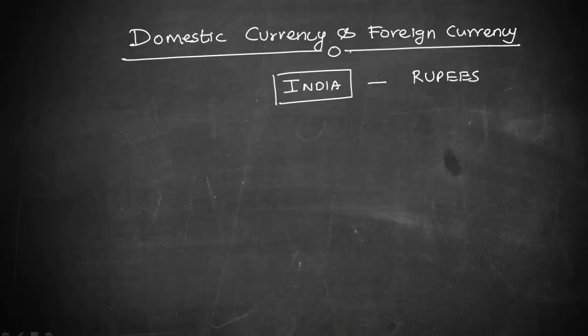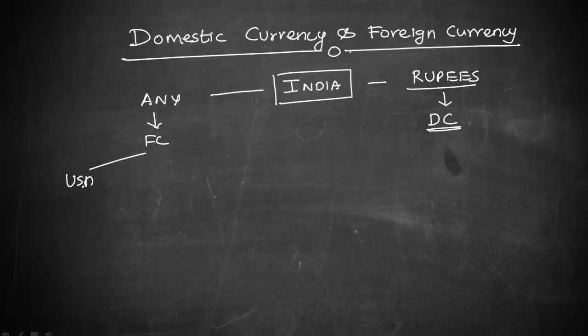So for me sitting in India, rupees is my domestic currency, I'll write it as DC, and any currency other than rupees is foreign currency. So for me, everything like US dollar, GBP or Japanese yen is foreign currency. This basic understanding is important for us to take this chapter further.